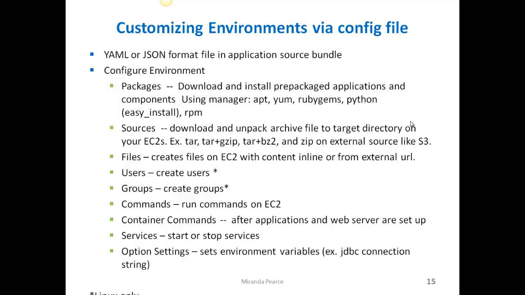You can ask it to download and unpack archive files and put it on your EC2. You can generate files with content that you might have in your config file. In Linux, not in Windows, you can also create users and groups. You can run command line commands.